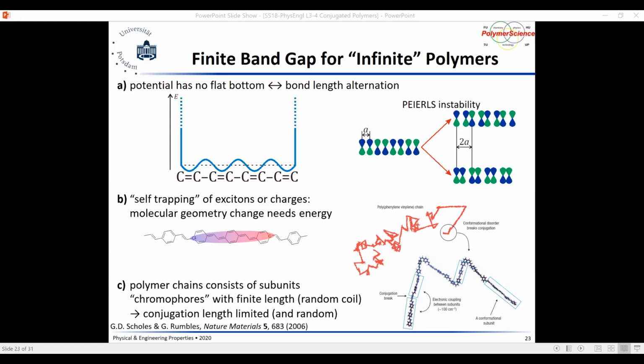The strong electron-vibrational coupling in conjugated polymers results in structural changes taking place in response to excitation. These deformations, in combination with fluctuations from the environment, can serve to dynamically localize the exciton. This is what we call self-trapping.